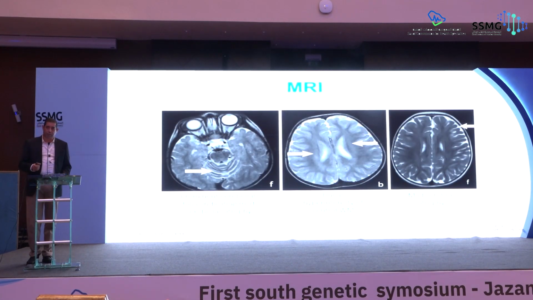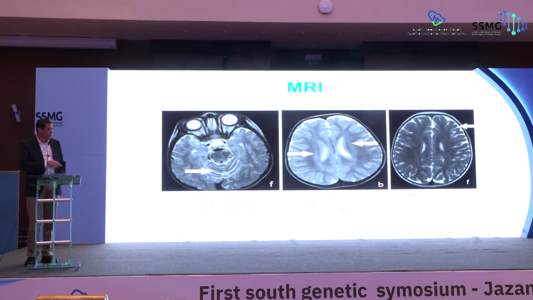The second test, which can help us in this non-specific presentation, is neuroimaging. You see that on the first MRI we have only subtle change. In the first one, the cerebellum is a bit small. You have some hyperintensity in the second one, and very mild brain atrophy in the third one.